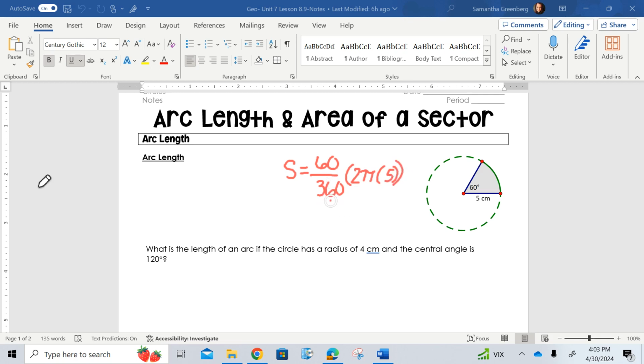Okay, so 60 out of 360 is 1/6 times 10 pi. So that ends up being 10/6, or 1.67 pi centimeters. And just to simplify it, I'm leaving pi in my answer.